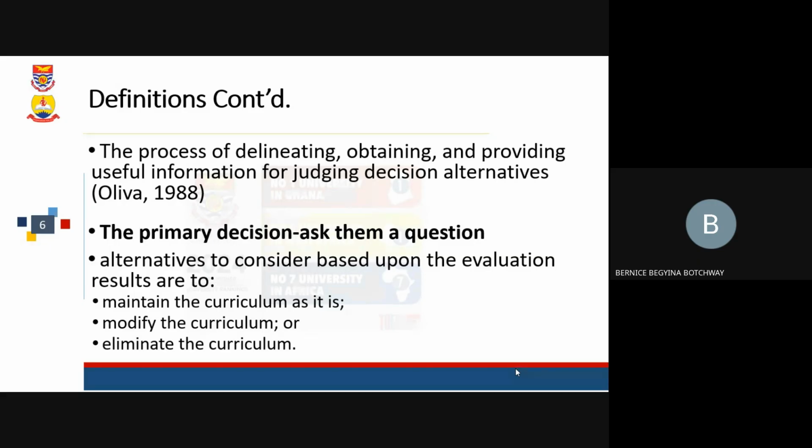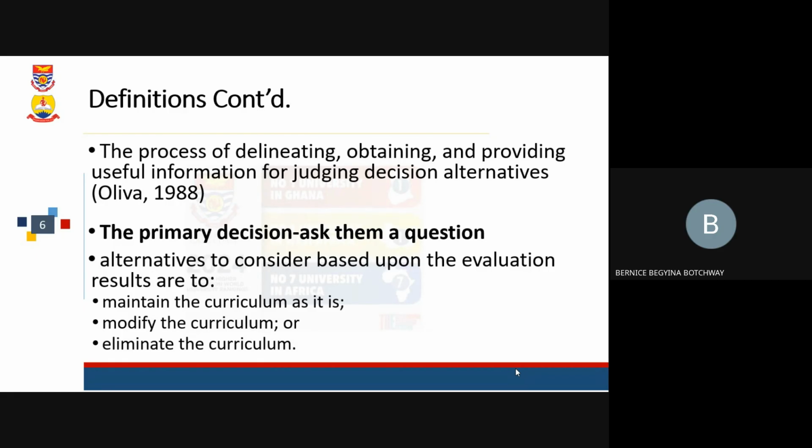And that information will be given to the decision makers, those who are involved in making the curriculum, to judge decision alternatives, to make other decisions, to look at other alternatives for solving probably the problem on the ground.